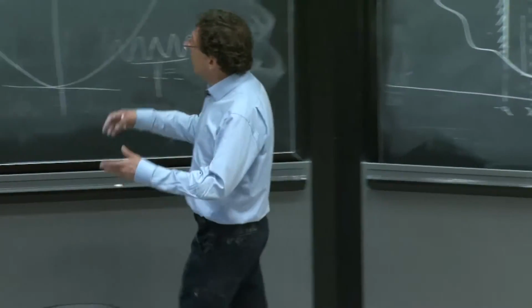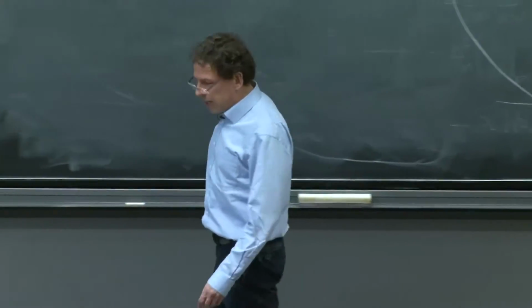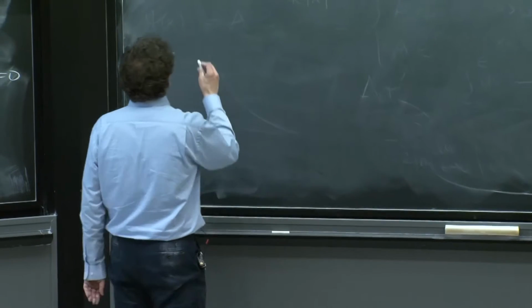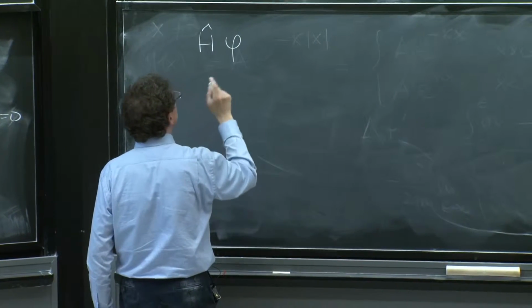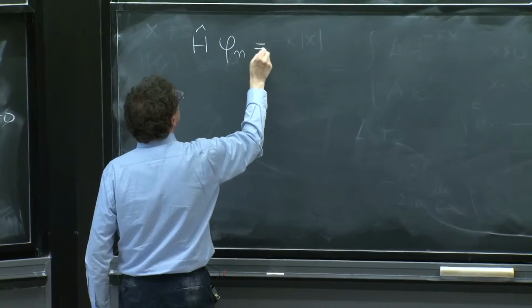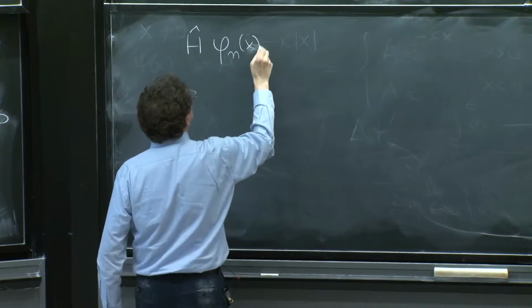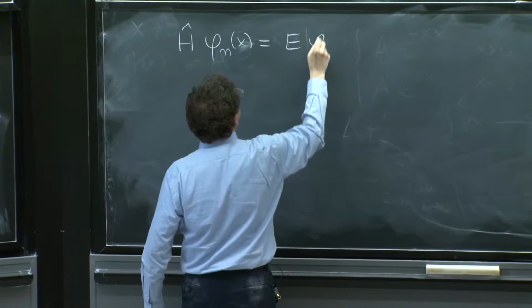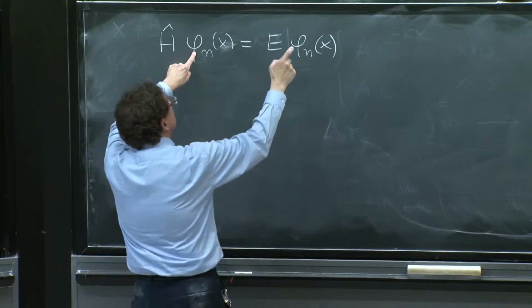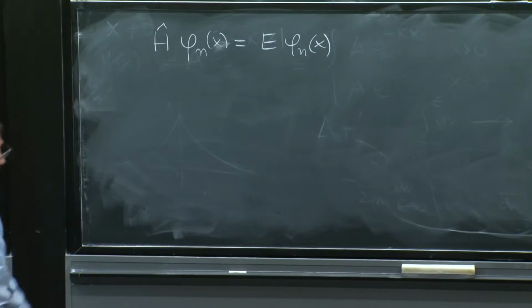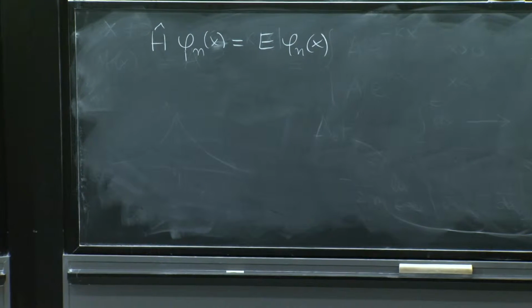So what do we have to do? We want to find the energy eigenstates. So we'll write H phi n of x is equal to E phi n of x. It's a symmetric potential, a real potential.